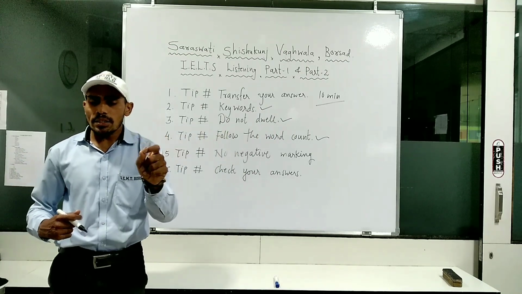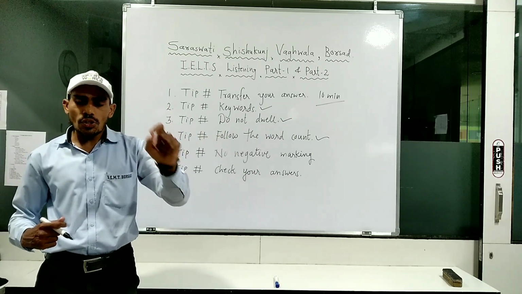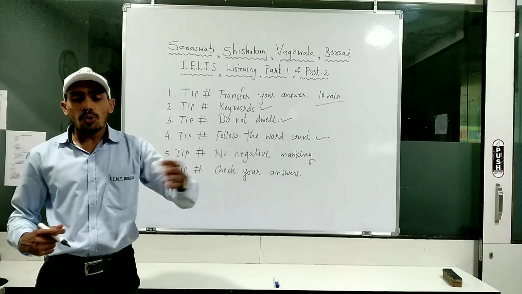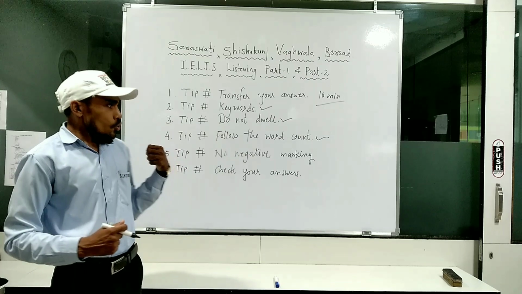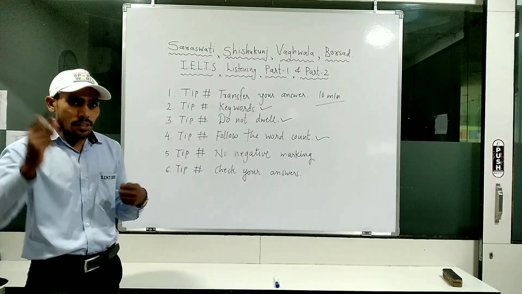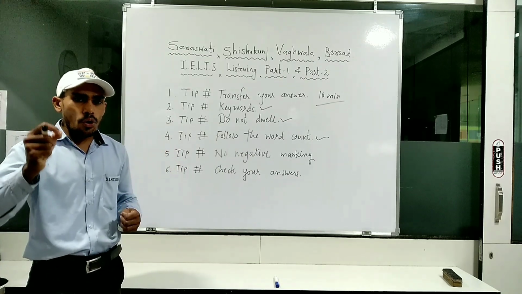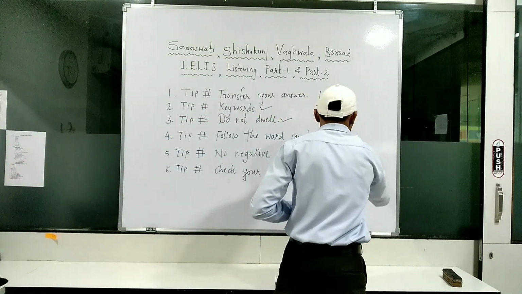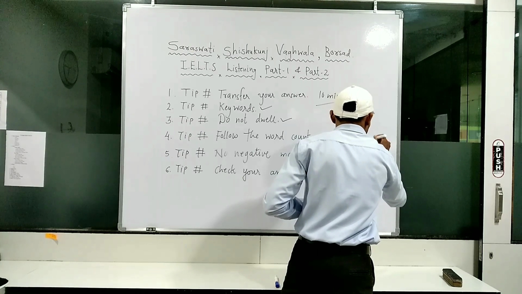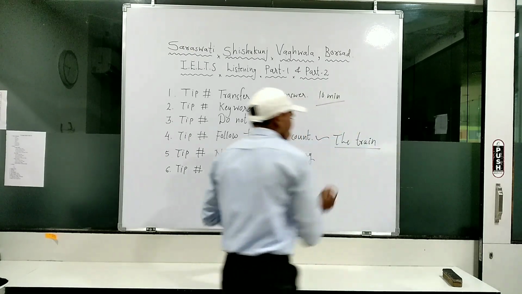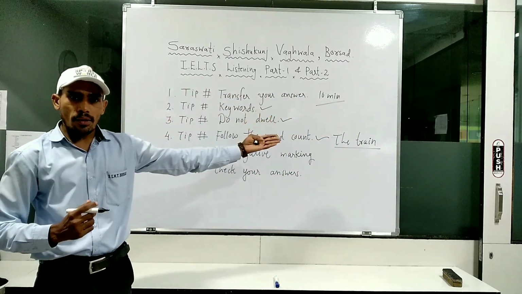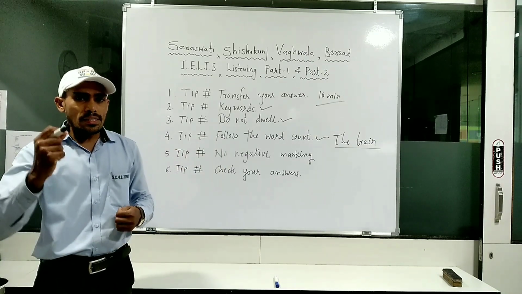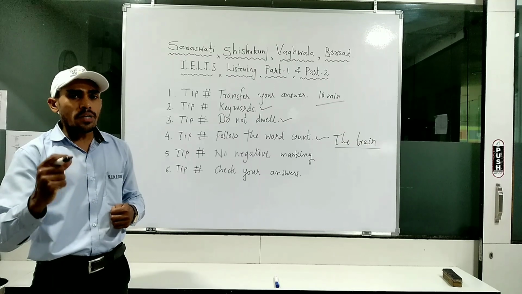In IELTS listening, a particular instruction is given and there is a word limit, no more than 2 words or no more than 1 word. So if it is said in the conversation that the word is the train, but the instruction says no more than 1 word.